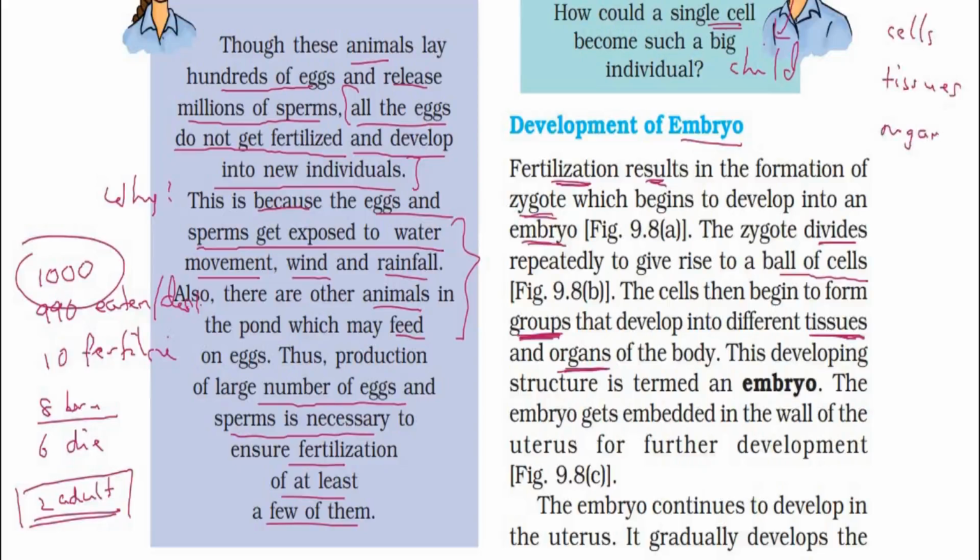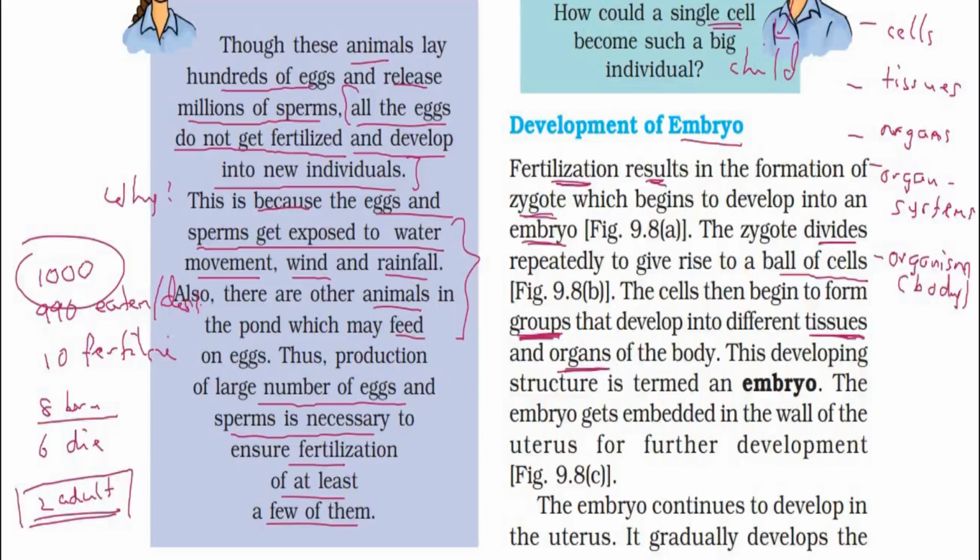Tissues form the organs. Organs form the organ systems. Digestive system, respiratory system, nervous system. The cells, tissues, organs, and organ systems ultimately join to form the organism. Organism means entire body, full body. Okay, this is the sequence.